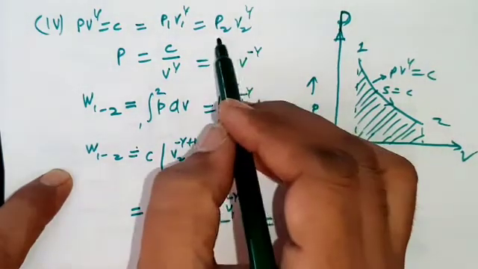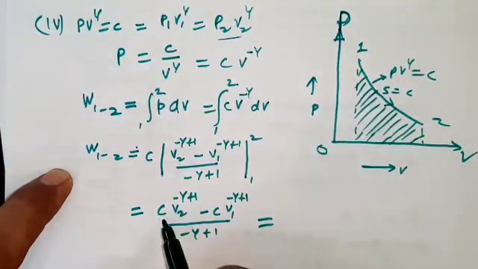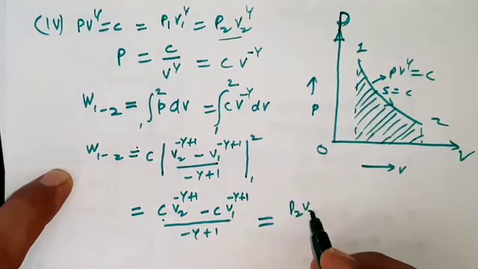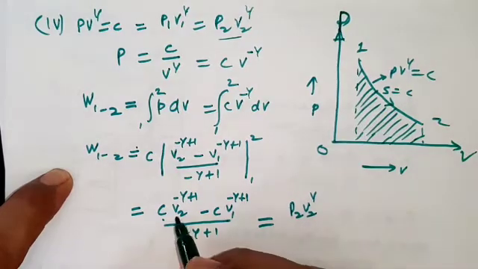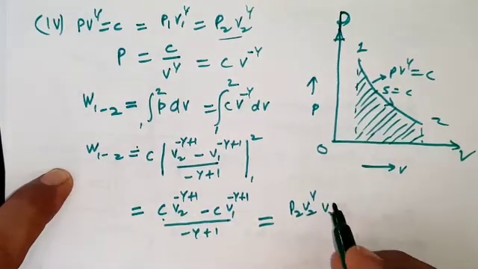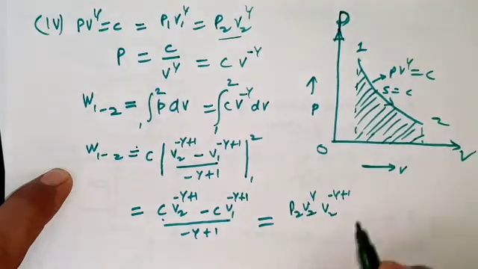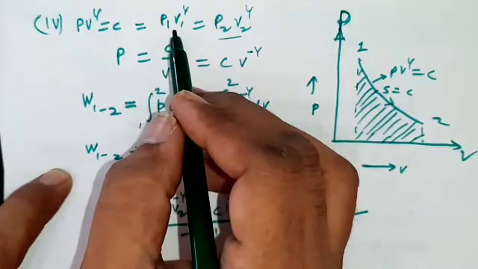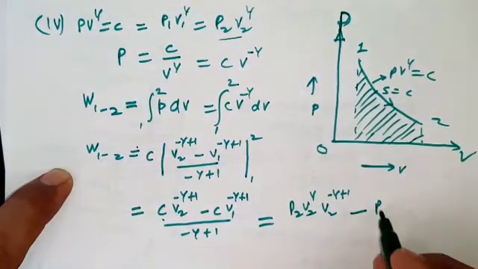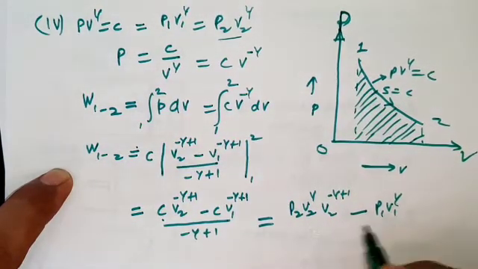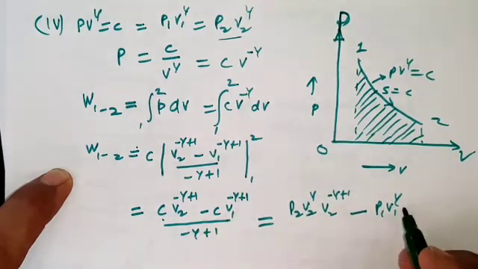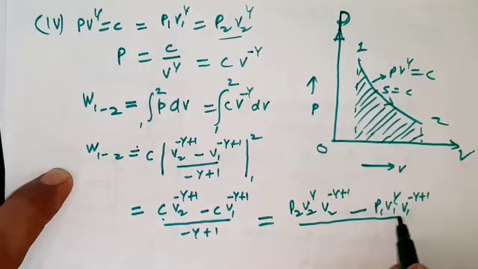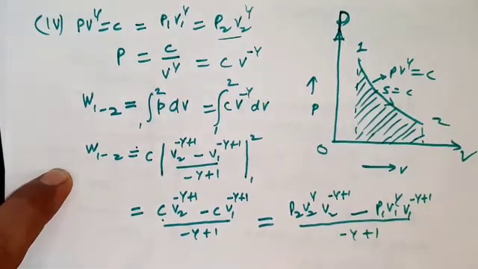So we will place this value here for C. So this will be P2 V2 to the power gamma into this value V2 to the power minus gamma plus 1, minus P1 V1 to the power gamma into this value V1 to the power minus gamma plus 1, upon minus gamma plus 1.